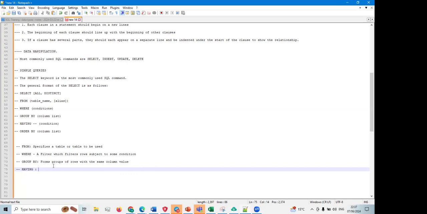When you have grouped using the group by, you can also run a filter on the group itself. So having filters the group, which would have been derived from the group by clause.